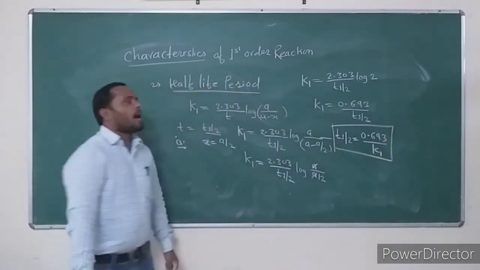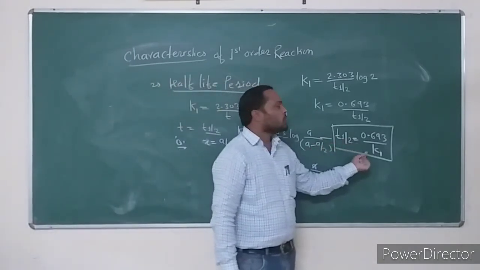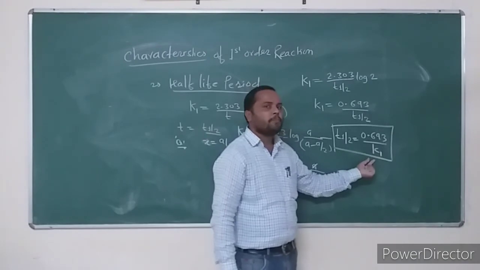This is the equation of half-life period for the first order reaction. T half is equal to 0.693 divided by k1.